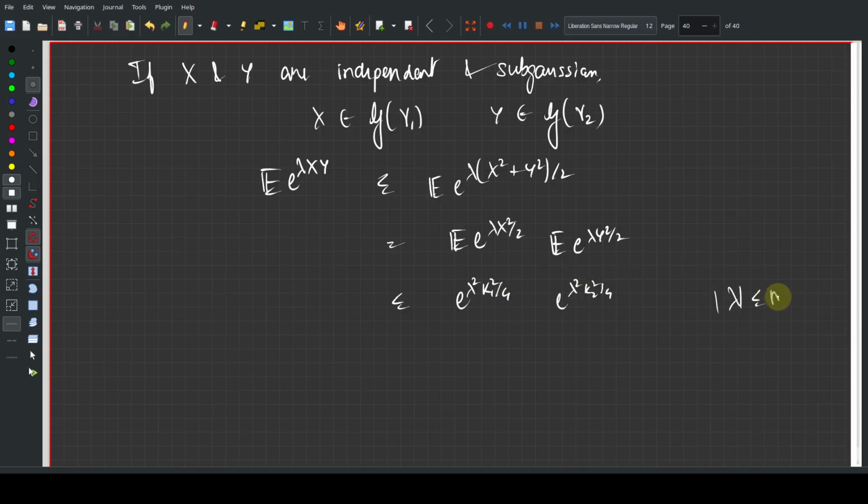So lambda is less than or equal to the minimum of 1 by k1 and 1 by k2. Let's see if this works. So this is e to the lambda squared times (k1 squared plus k2 squared) divided by 4. But can I conclude anything based on this?